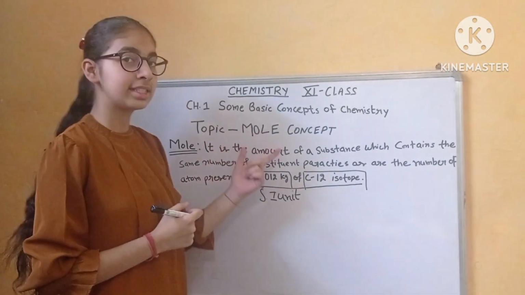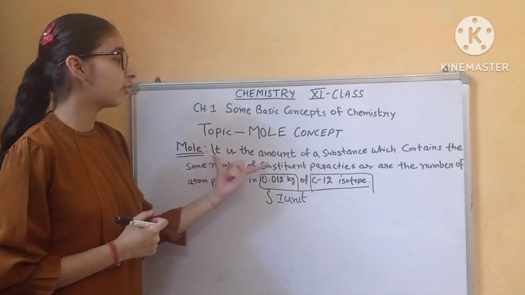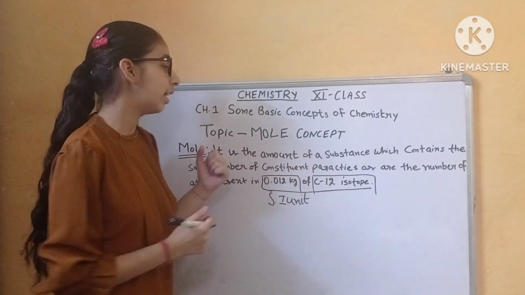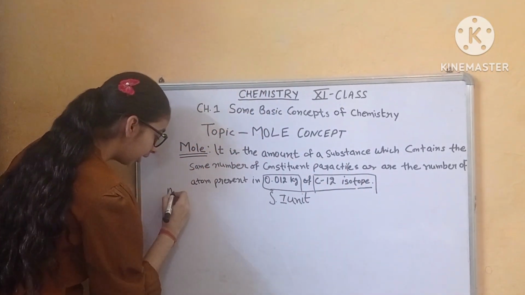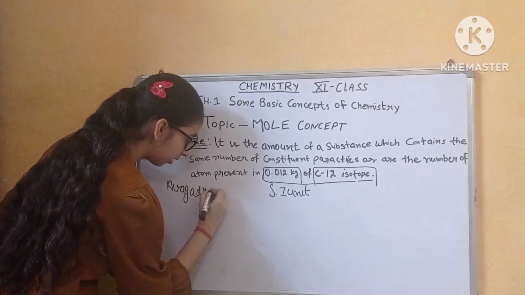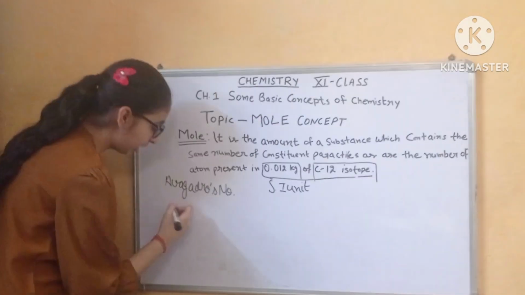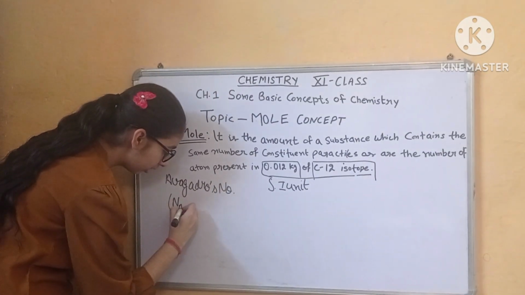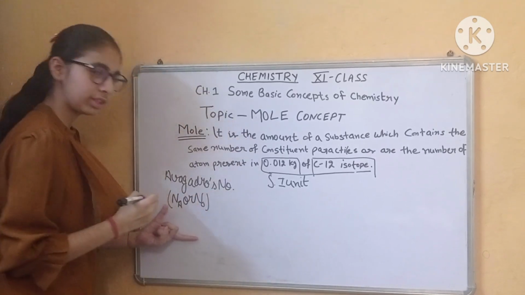Again, it is the amount of substance which contains the same number of constituent particles. Over here, particles refers to Avogadro's number, which we can represent by Na or N0. Both are the same.